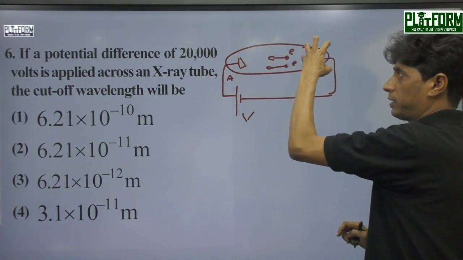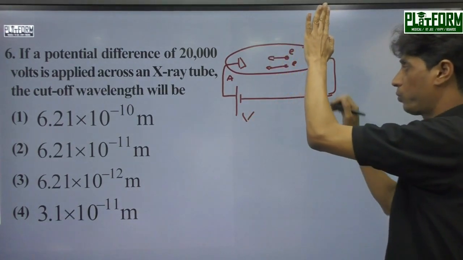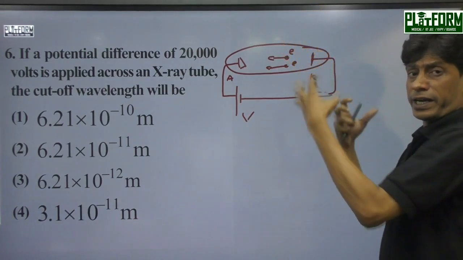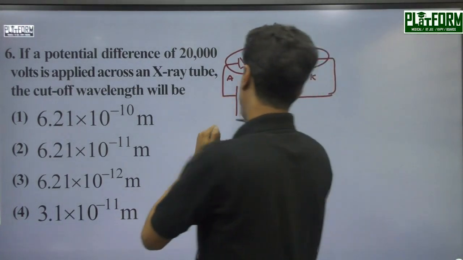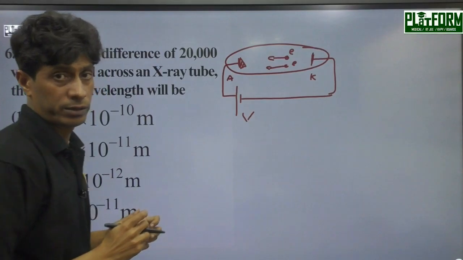Thermionic electrons from the cathode get some kinetic energy, and with that kinetic energy they are suddenly stopped by the high melting point metal.